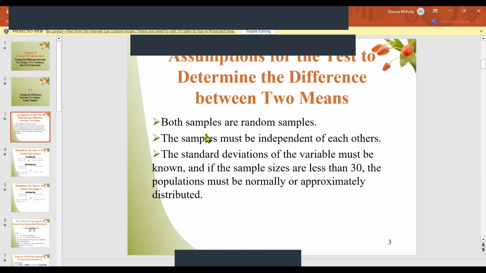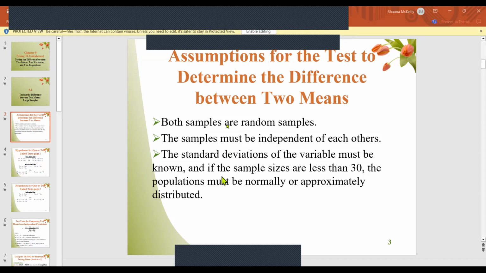It's all 3 assumptions on the slides. You can abbreviate this. The standard deviations are sigma 1 and sigma 2, so if you don't want to write out the standard deviation, you can shorten the third one.